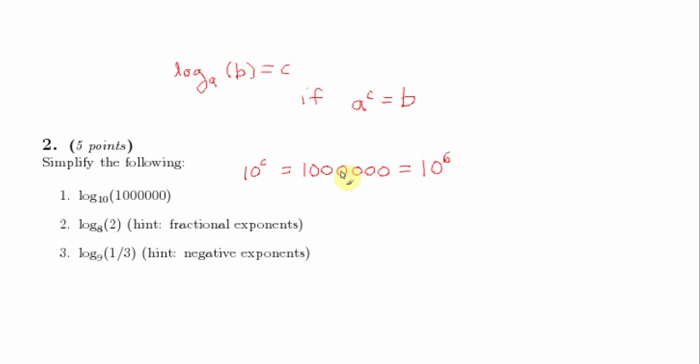Another thing you can do is count the zeros. So maybe those amount to the same thing. When you have 1 followed by a bunch of zeros, that's just the same thing as 10 raised to n, where n is the number of zeros. That's how scientific notation works, right? So when you have these nice powers of 10, log is pretty easy. So this first question, the answer is just 6.